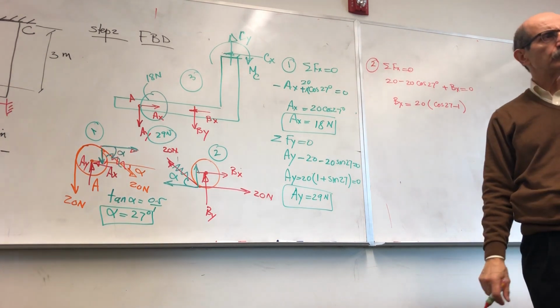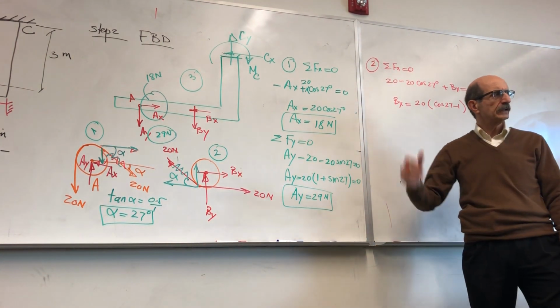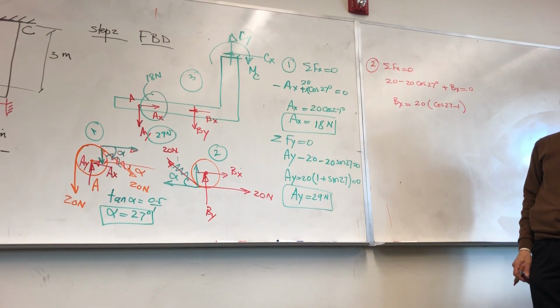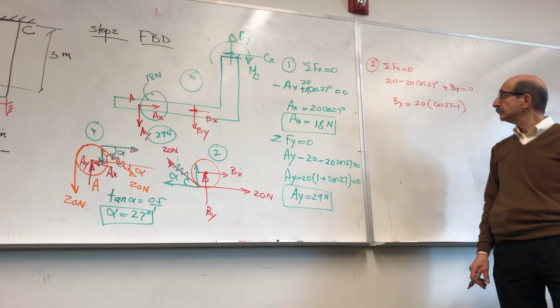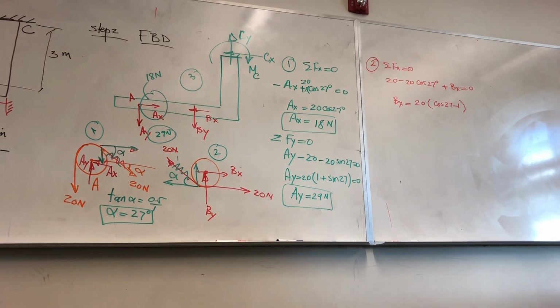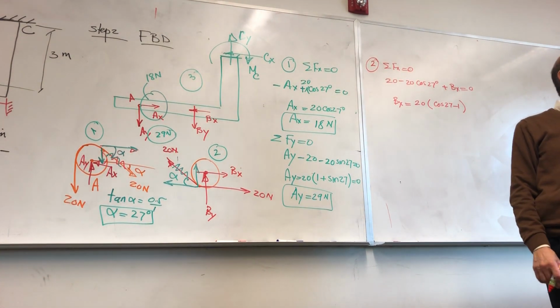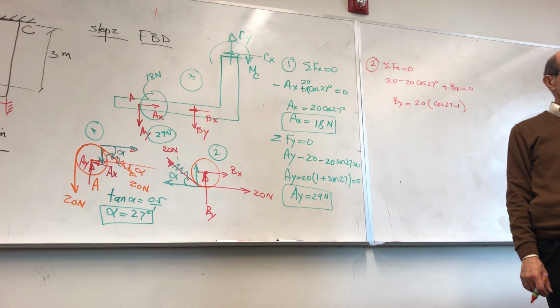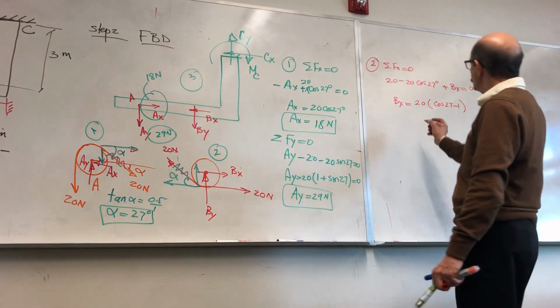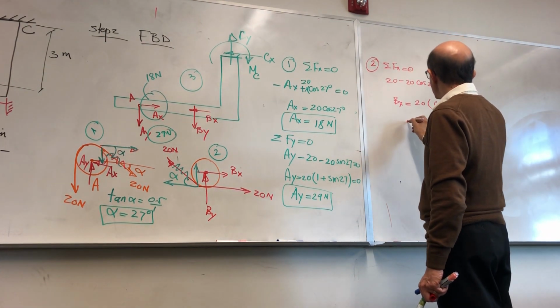So that'll be almost 2.1. Can somebody give me that number? Cosine 27 is about 0.8, 0.9 minus, yeah, something like that. How much? Negative 2.17, how about 2.2?